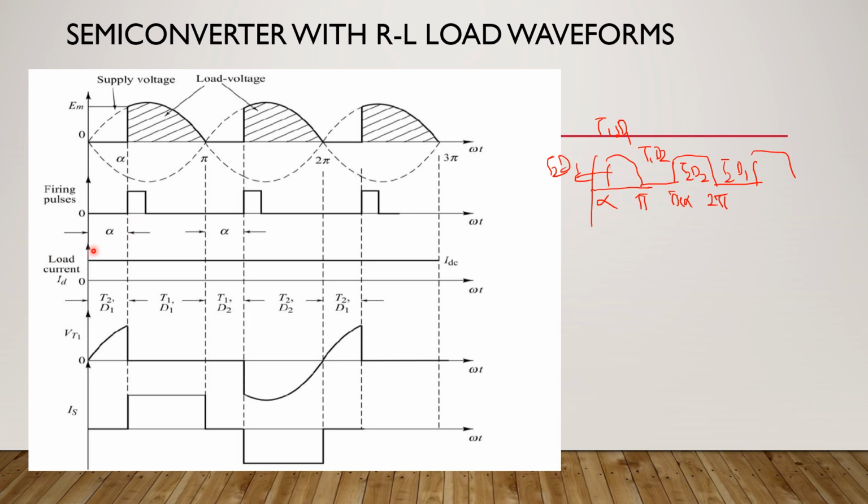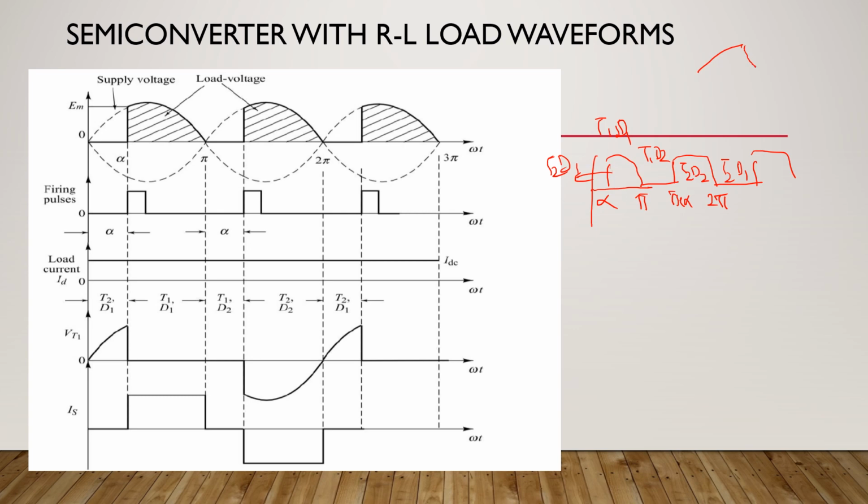Now we are assuming here that the load current is shown as a straight line. Actually, it is slightly ripple in nature, not exactly like this. The load current is storing energy, so the current increases. Then during the freewheeling period, whatever energy is stored is dissipated or circulated through the thyristor and diode combination, so it will decrease.